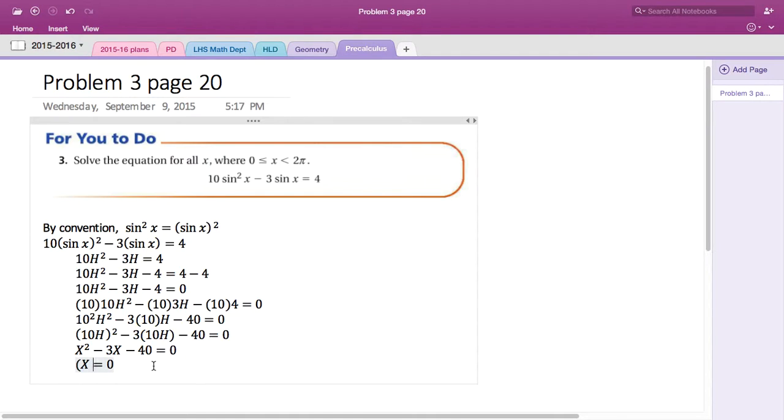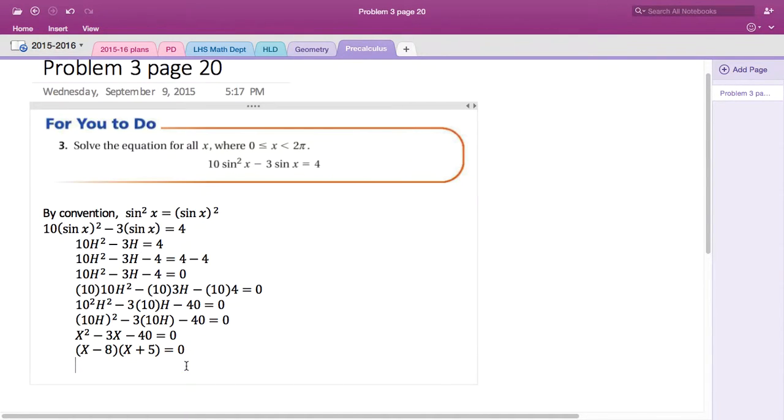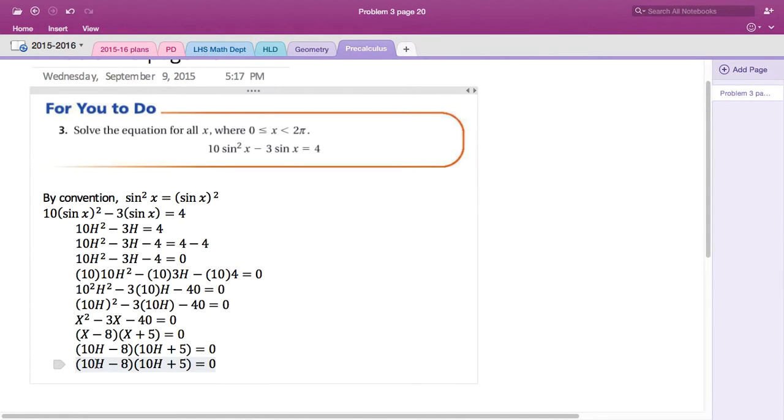That's how we do factoring, right? But now we know this x is actually 10h because we replaced it. And here we can use the distributive property backwards by dividing this by 2.